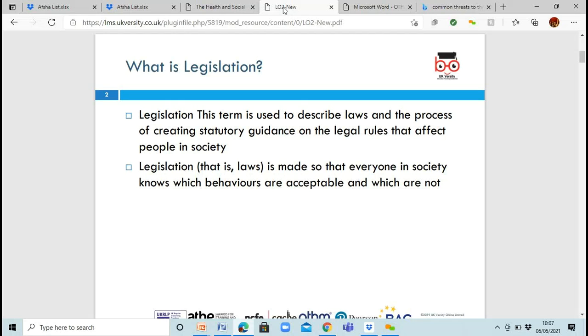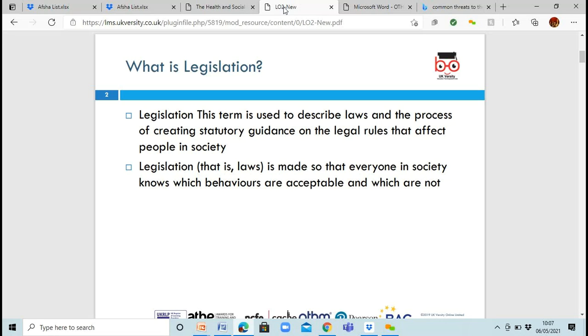Legislation is just a particular term that is used to describe what laws are, what sort of procedures there are, what sort of processes there are. When we look at legislation, you'll be more familiar with the sub-shoots of the legislation. All the policies and procedures that you've got within your workplace are adapted using those legislations, to reflect what you do.